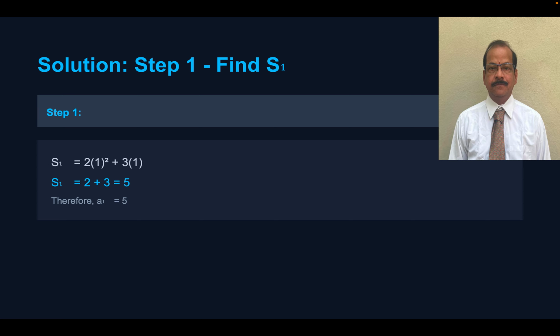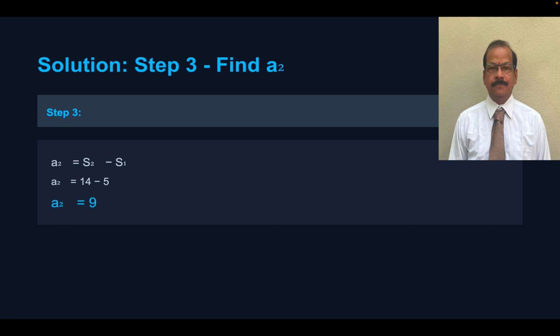Coming to the second one. That means the sum of the first two terms. Yes, substitute m equal to 2. You will get the sum of the first two terms. The 2 of 2 square plus 3 of 2, which gives 8 plus 6, which is 14. And we already got the first term, and that you have to subtract from this particular sum.